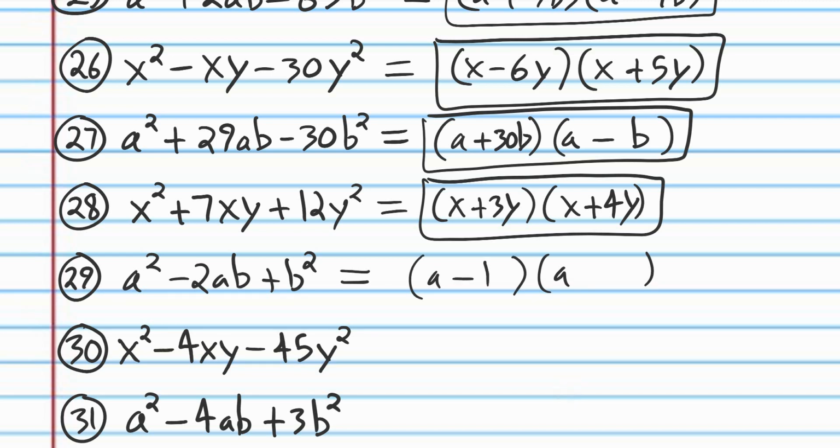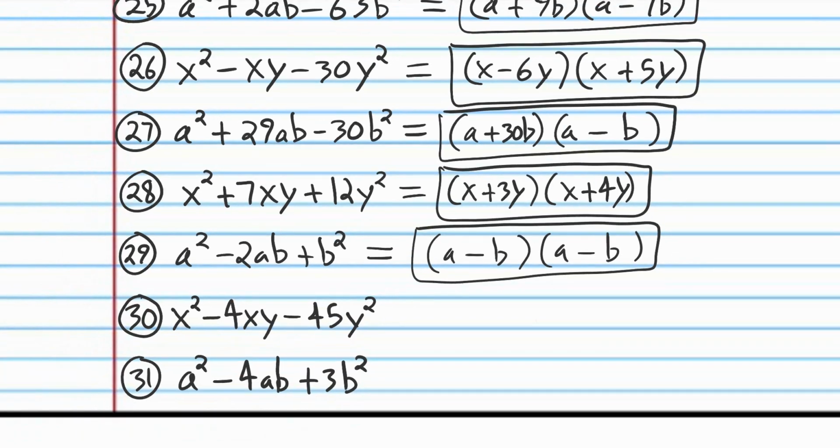Looks like it's going to be negative b and negative b. That was kind of a tricky one because you just have a's and b's, no coefficients, and you're multiplying a negative times a negative. So if you got that one, good job. All right, try number 30, and when you come back, we'll do it together.